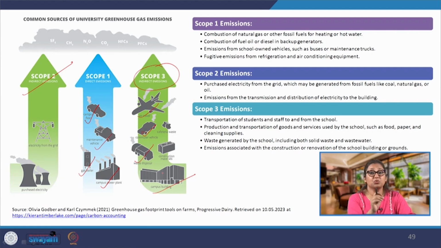But one thing which we have to very clearly understand, and it is easier to understand from this particular example, is that we have understood all the purchased electricity is scope 2, but where is this purchased electricity going?